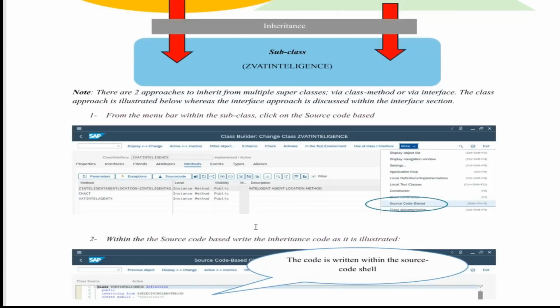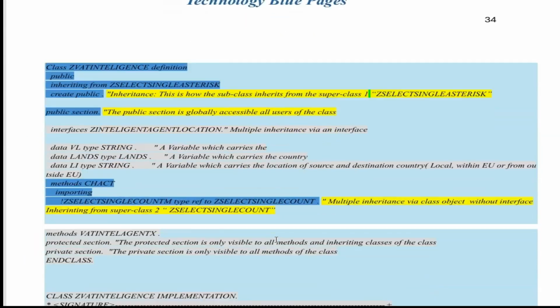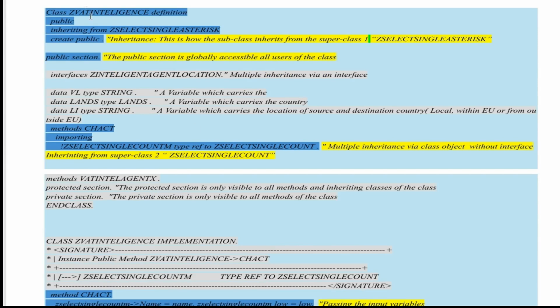So here we are creating subclass ZVAT intelligence, for example, and the source code, as we saw before, we are inheriting from one of the parent classes, and the multiple inheritance here from the other superclass comes through defining the methods importing in that class with reference to the other class.